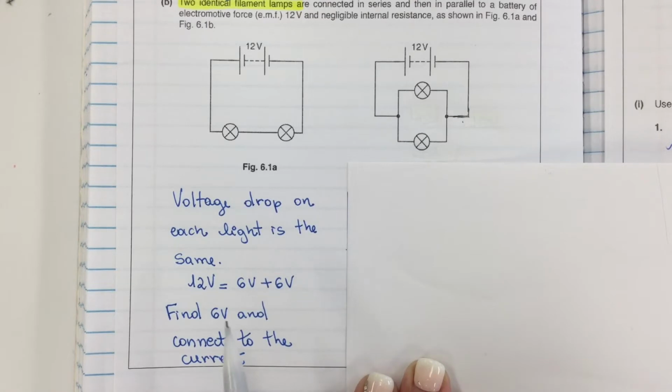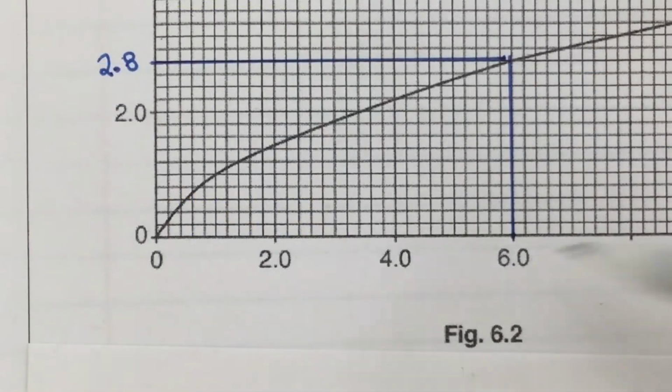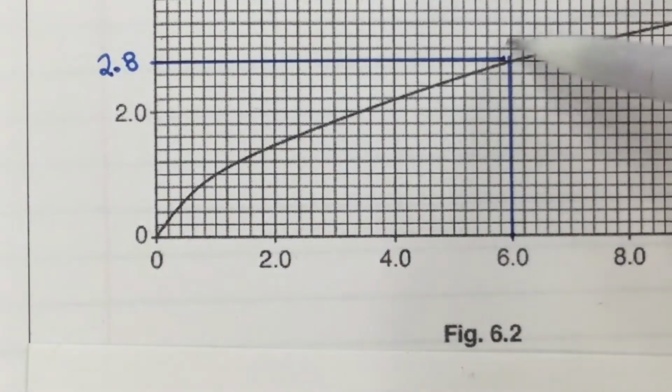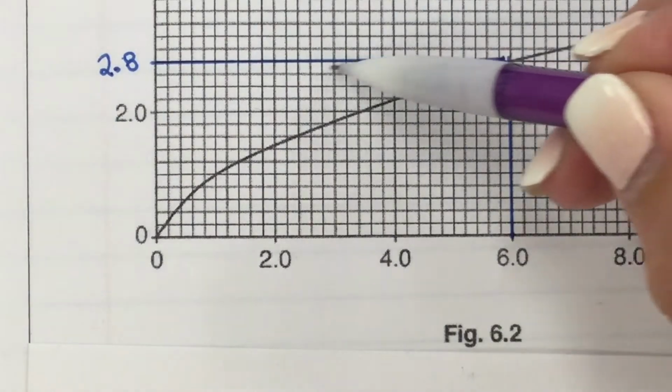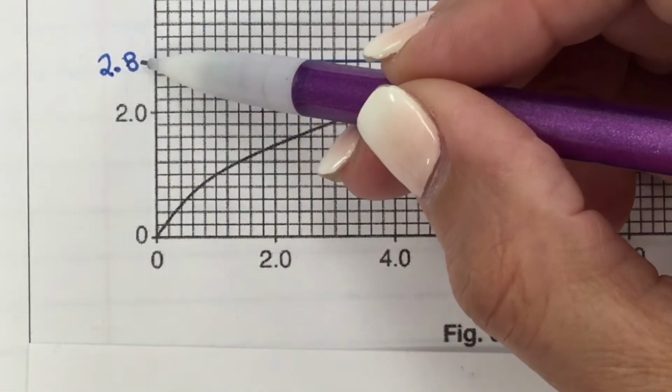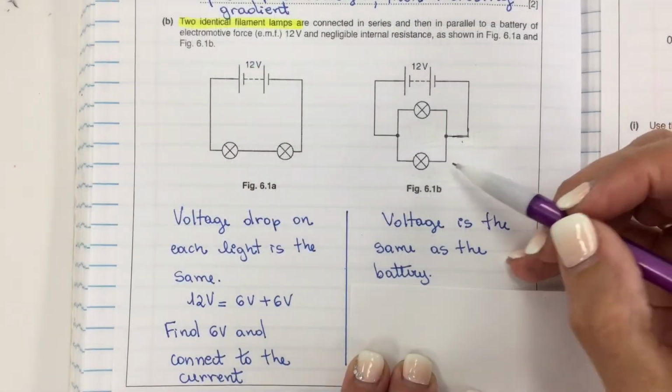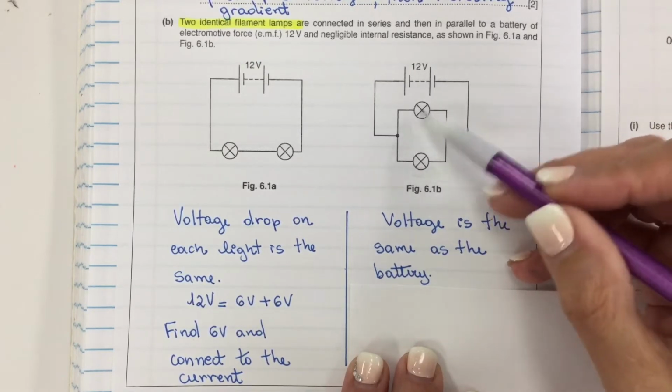So now what we are going to do is find the 6 volts and connect to the current using the graph provided on the next page. For the 6 volts, the current flowing in this lamp is 2.8 amps. What about the voltage on this lamp?